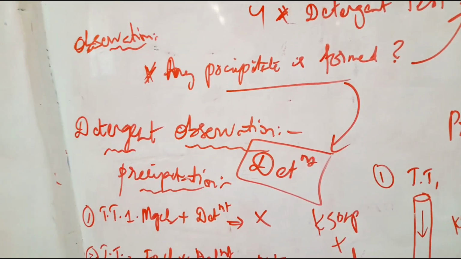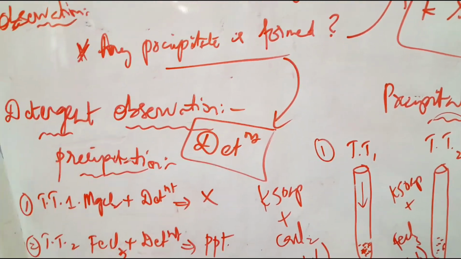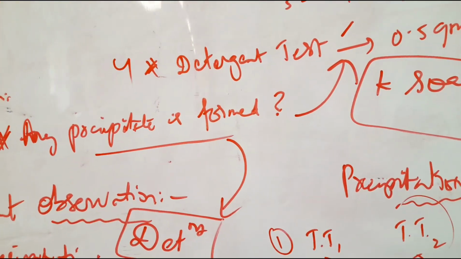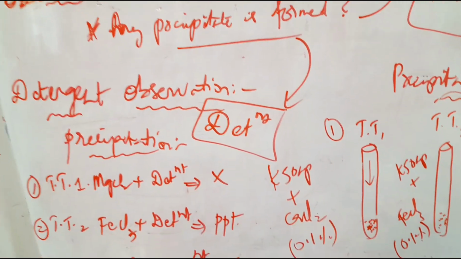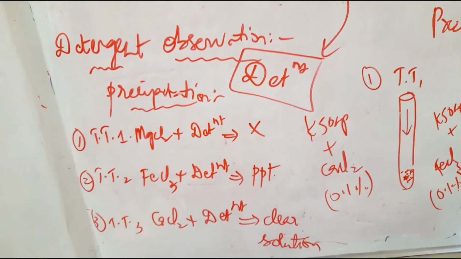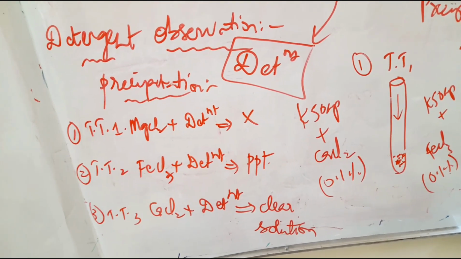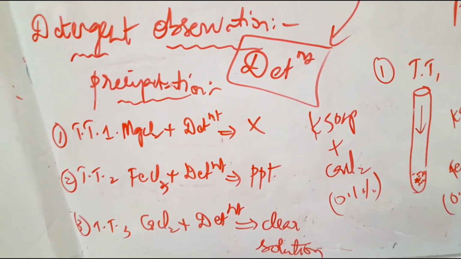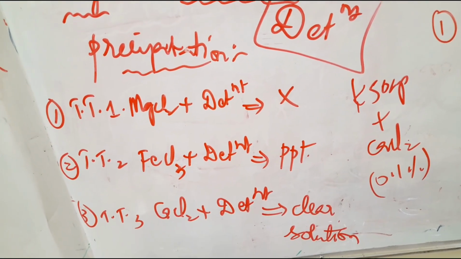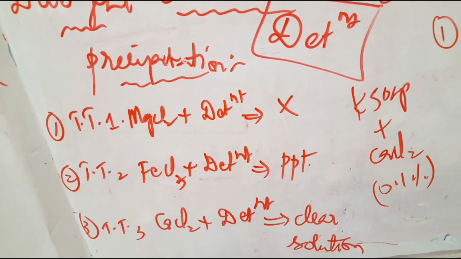Prepare the detergent simply by taking 0.5 gram of any detergent, adding 50 ml of distilled water, and then go for the observations in the same way. Take 1 ml of the detergent containing 0.5 gram in 50 ml and add it to 0.1% magnesium chloride in a test tube and shake it.